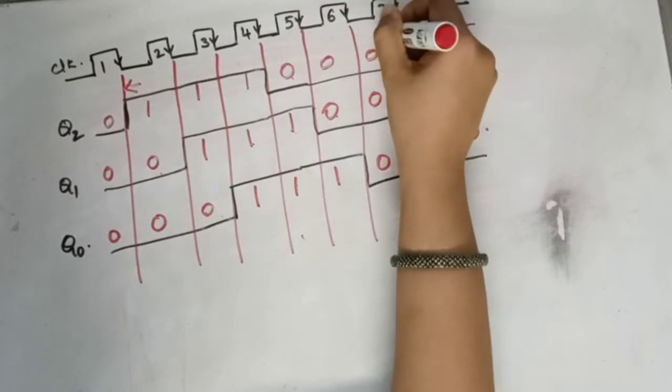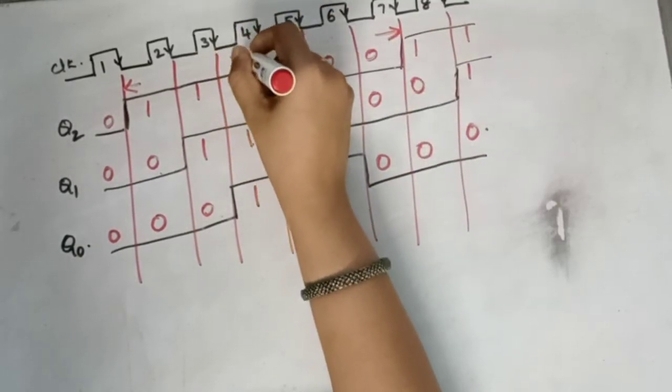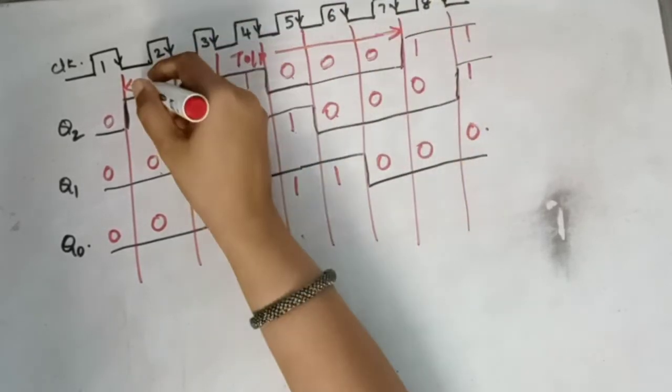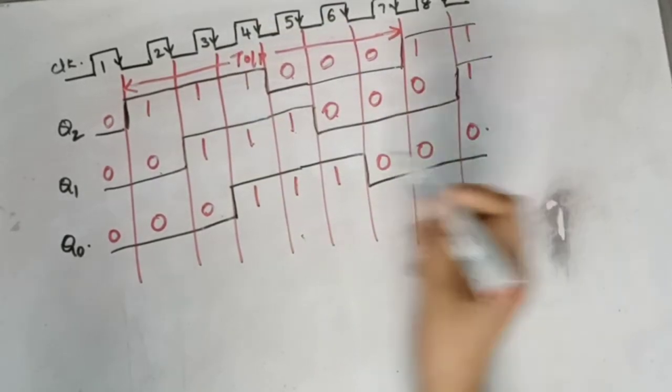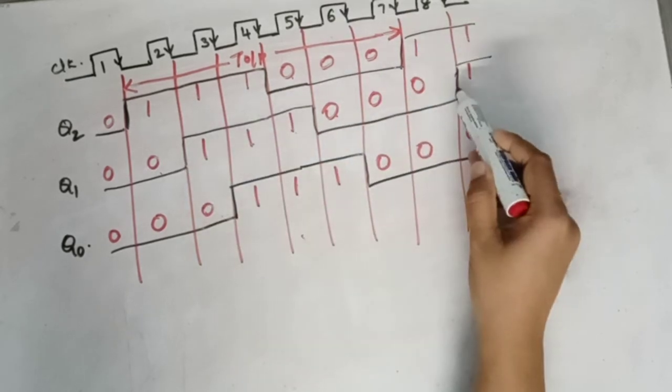From here to here is my one output cycle. Yes, this much. Or if I am considering Q1, it's from here to here.